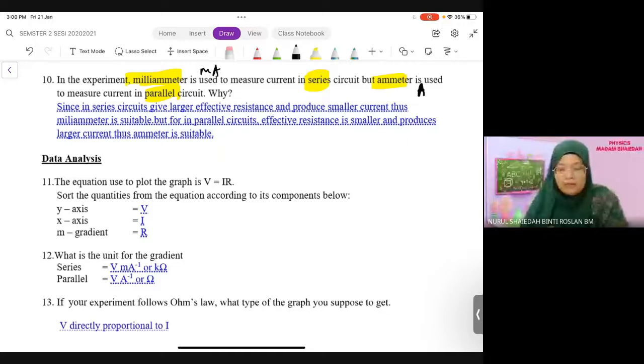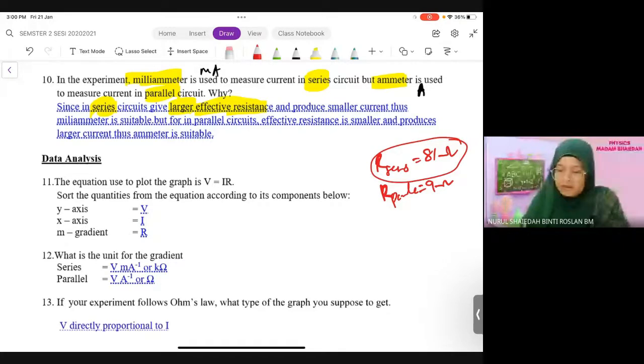Okay, jawapan dia, because in series the R effective you adalah besar. Ingat tadi R kalau series you dapat 81 ohm. Kalau R untuk parallel you dapat 9 ohm. So bila R you besar, dia akan produce small current. So that's why kita kena guna milliammeter.